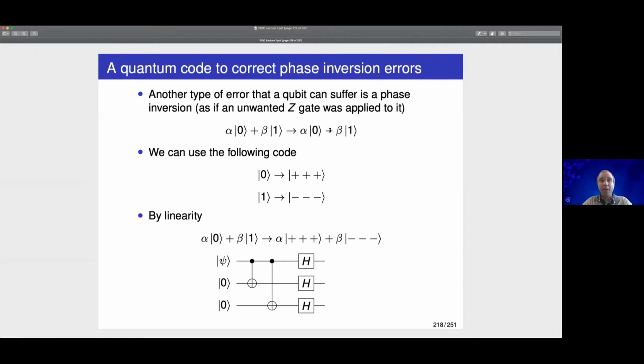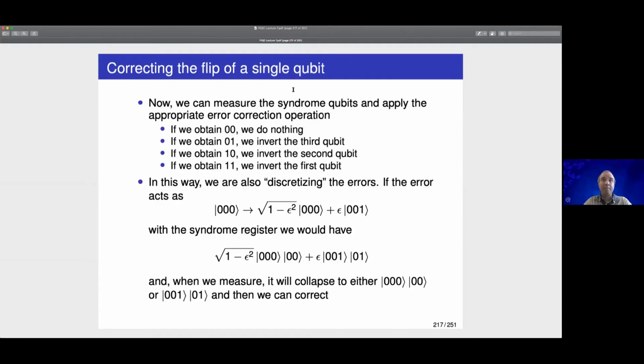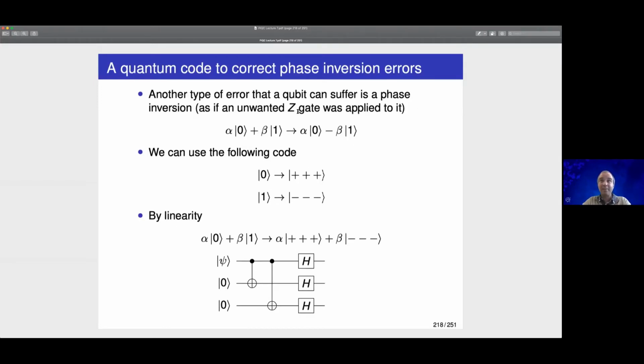Okay, so here we were dealing with the errors that occur when an X operation, a NOT operation, is applied to one of the qubits, and here we have to deal with the error that occurs when a Z operation, an unwanted Z operation, because of the interaction of the qubits with the environment or with other qubits, happens in an uncontrolled way.